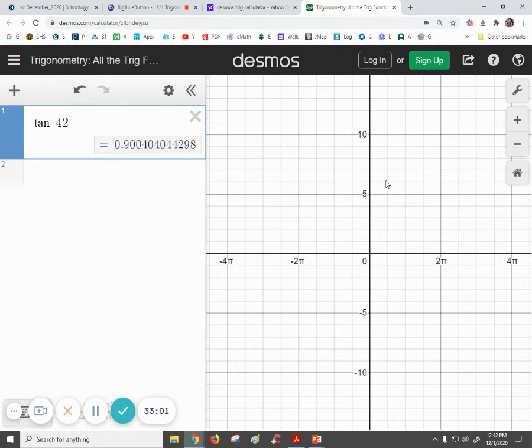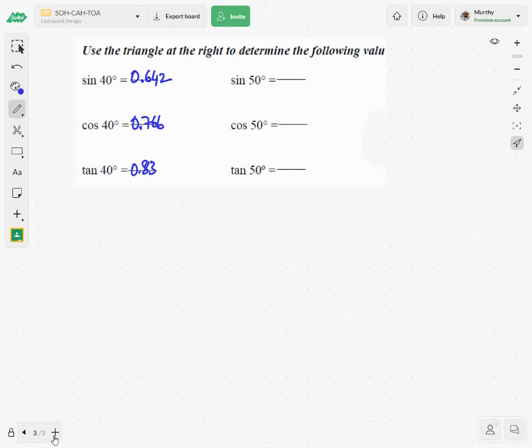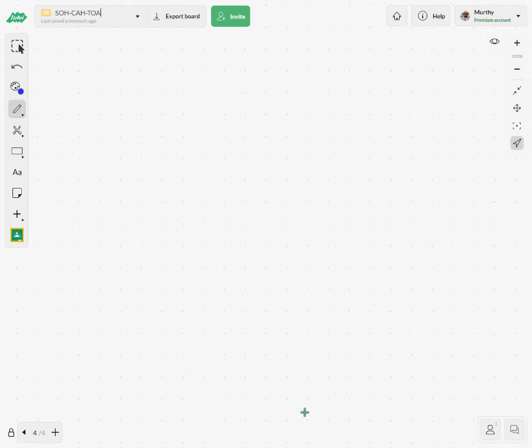Okay, now let's go to the worksheet. I'm going to take one question where we are going to use these angles.